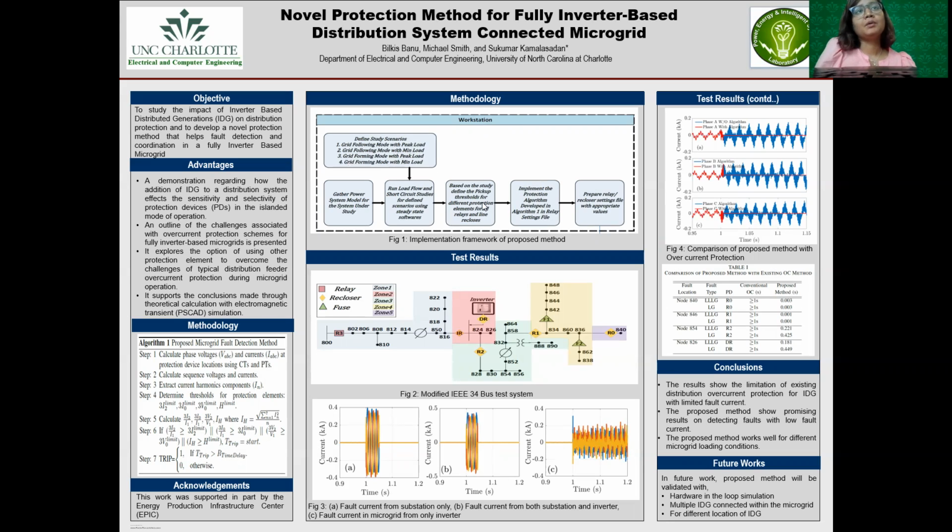Based on the study, we find the pickup and time dial thresholds for the relays, and then implement the protection algorithm developed in Algorithm 1 in the relay settings file, and finally prepare the relay recloser settings file with appropriate values.